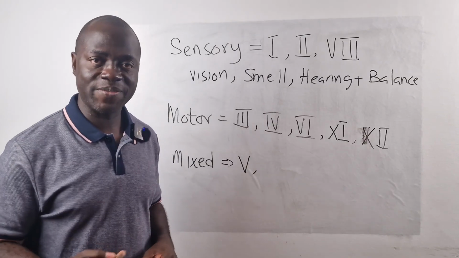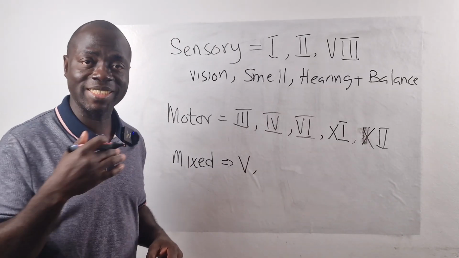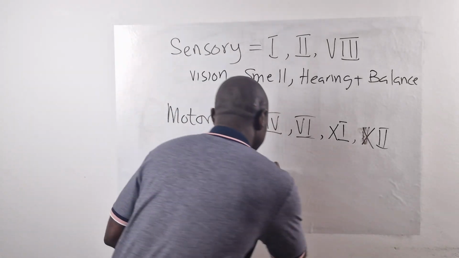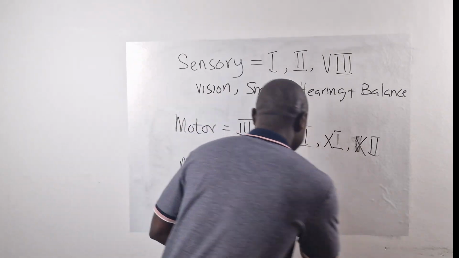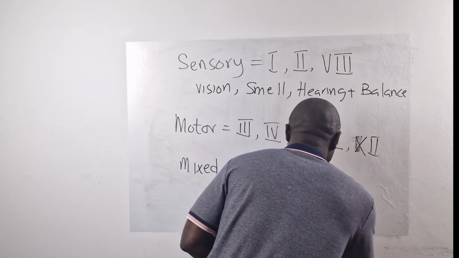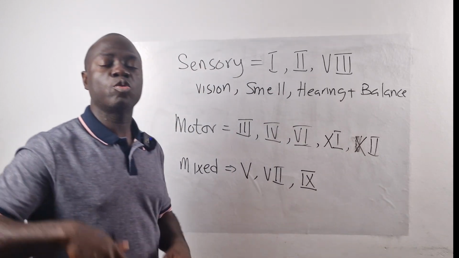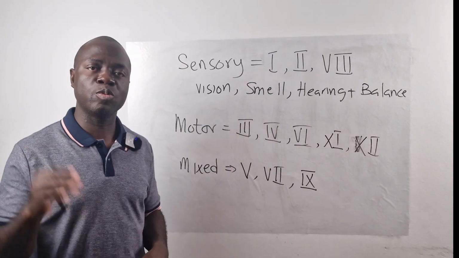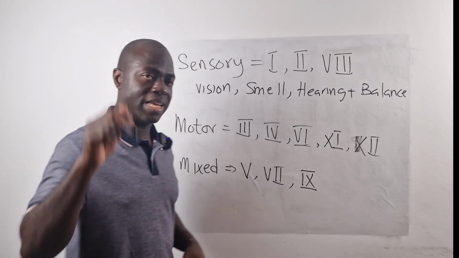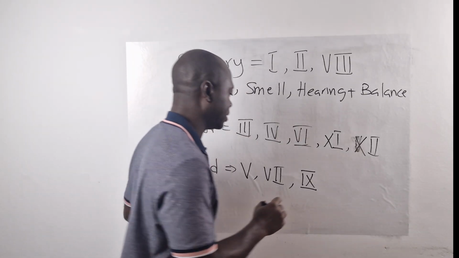So cranial nerve 7, if you remember, facial expression and taste. So cranial nerve 7, cranial nerve 9, if you remember, all right? So cranial nerve 9 also moves muscles of the pharynx and taste to posterior 1/3, if you remember. So that makes it a mixed nerve.